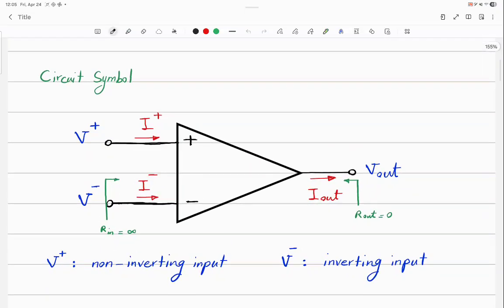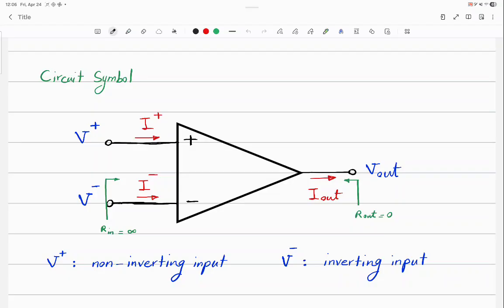What we need to understand for the lecture part in order to be able to analyze circuits is a circuit symbol. So this is the first time that you're seeing a circuit symbol with 3 terminals, actually, okay? So this is an op-amp. As you can see, you have V out, which is the output terminal. You have 2 inputs, the V positive terminal, which is connected to the positive sign inside the op-amp, called the non-inverting input, and you have V negative, which is the inverting input.